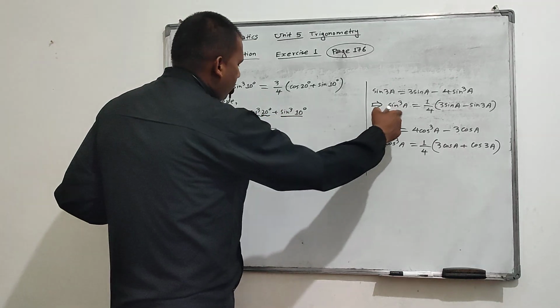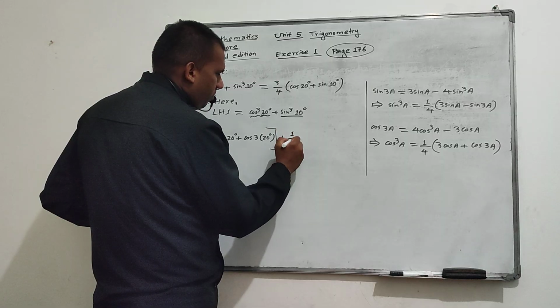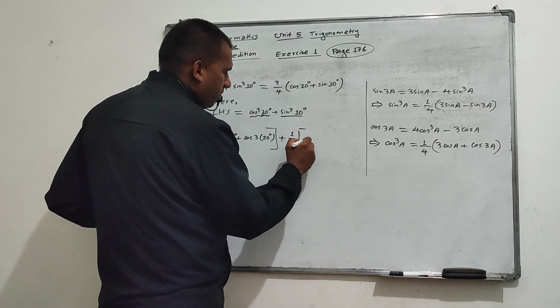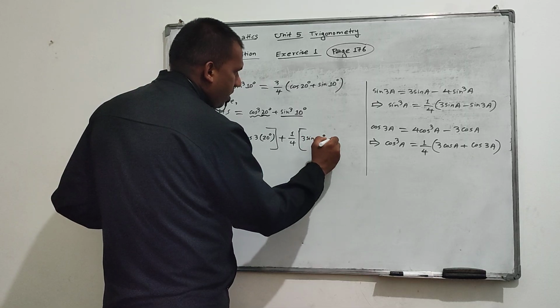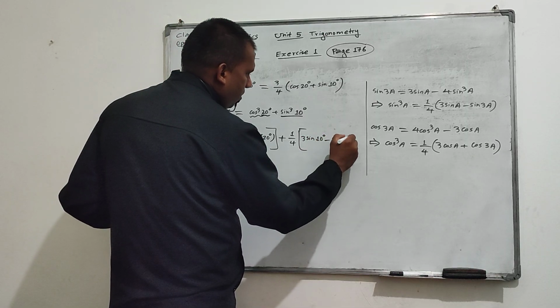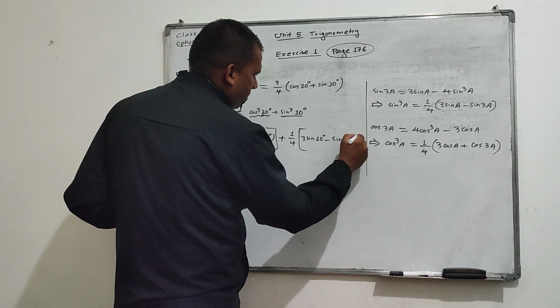Using the formula sin cube a equal to 1 by 4 times 3 sin a, here a is 10 degree, minus sin 3 times 10 degree.